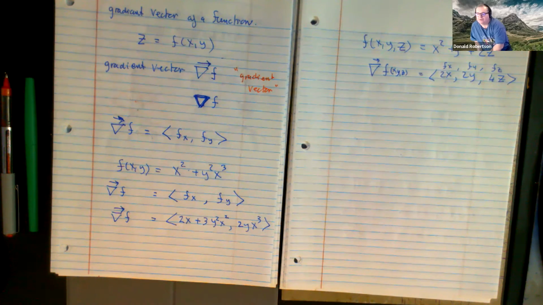So if some theoretical physicist says, when you do black holes, you need to work with 20 dimensions, we're going to say, no problem, we can do it. I want a gradient in 20 dimensions. Okay, I'll probably run out of letters of the alphabet, so they typically just call it x1, x2, x19, and x20. They just put subscripts on the variable to represent each one of the 20 dimensions.